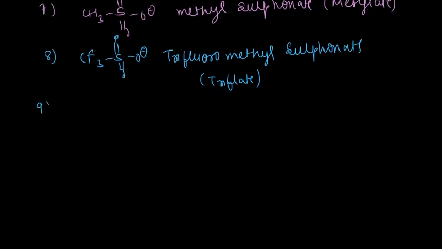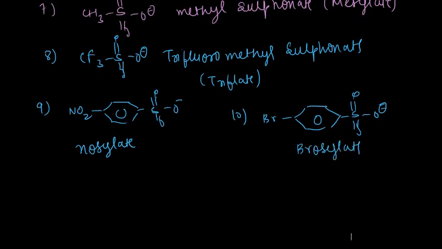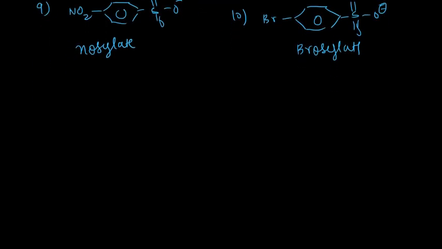Ninth we have NO2, S double bond O. It is also known as nosylate. Tenth we have brosylate, S double bond O minus, brosylate. Right.